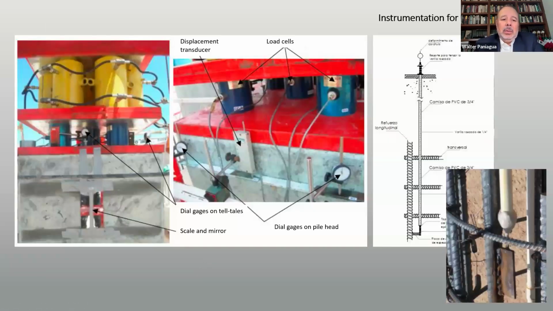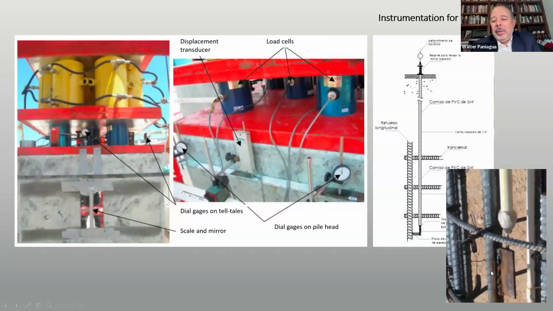The instrumentation, you may guess, is typical with load cells in the top of the pile, the scale and mirror that the ASTM standard recommends, and the dial gauges, as well as displacement transducers over there. We also put some telltales in the body of the pile. This test was made in 2009 or 2008, as I can remember.